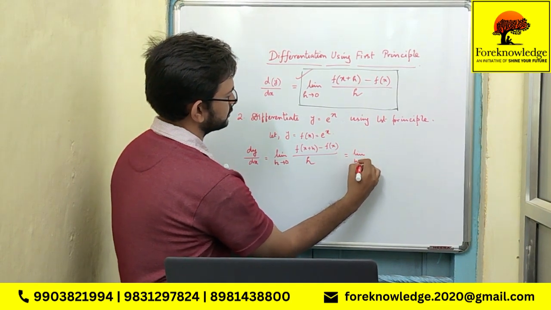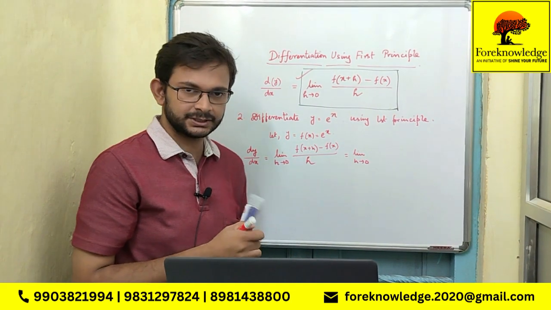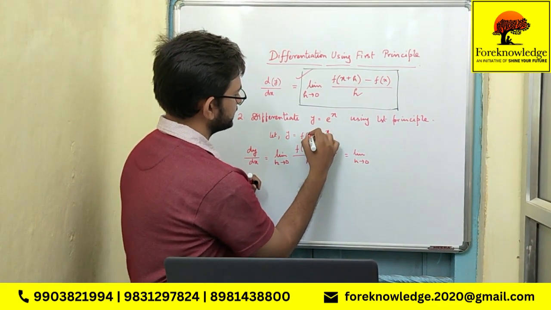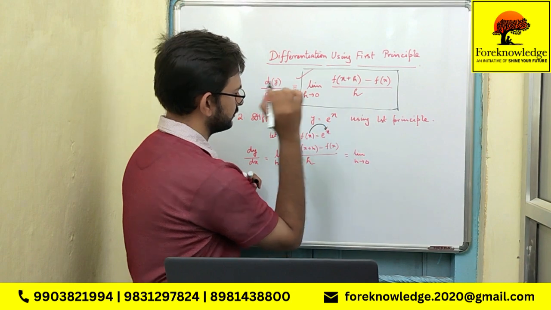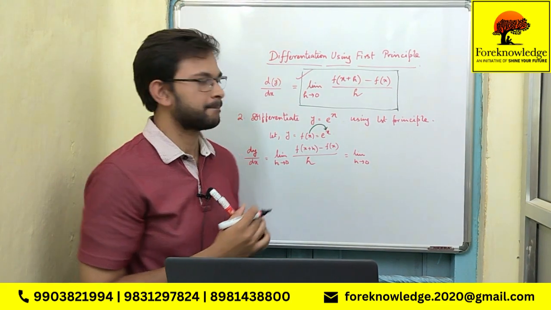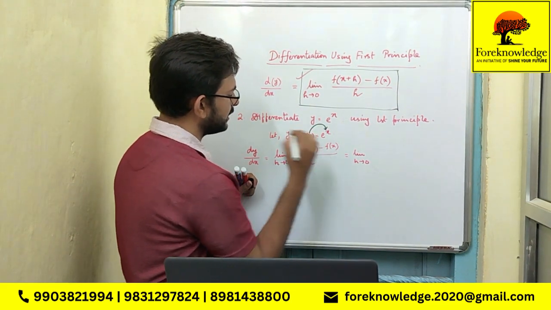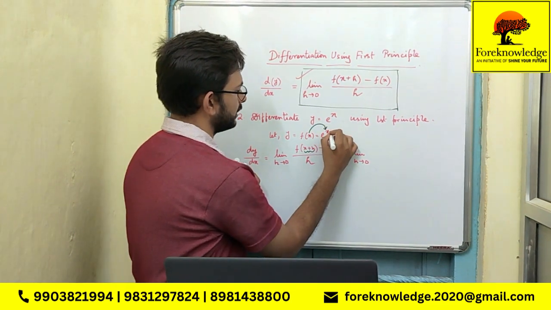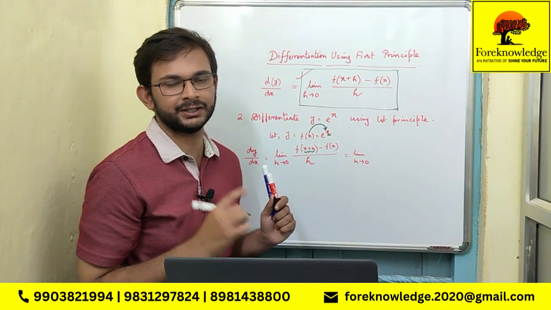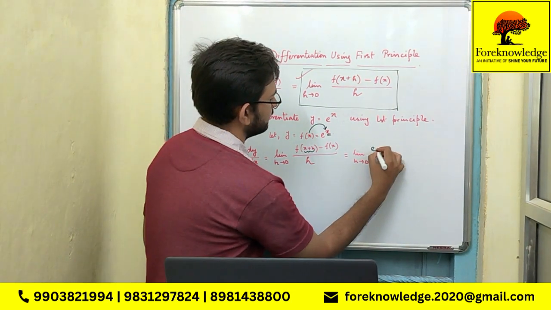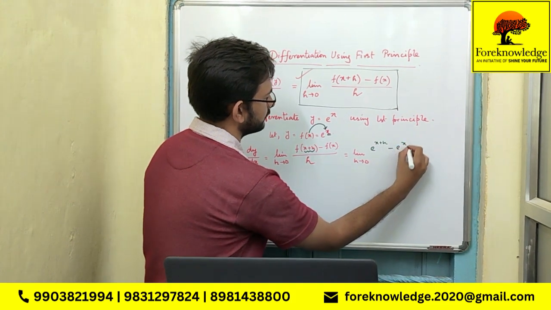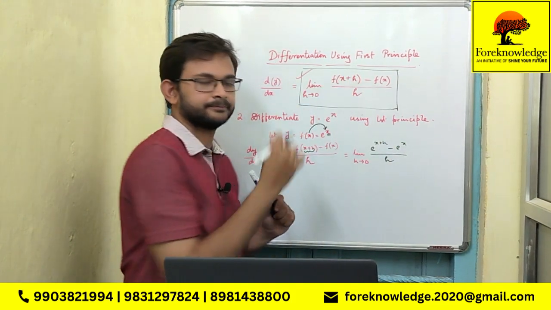What is f(x plus h)? As I told you earlier, x is replaced here by x plus h, so e will have the exponent x plus h. Limit h tends to 0, (e to the power x plus h minus e to the power x) by h.